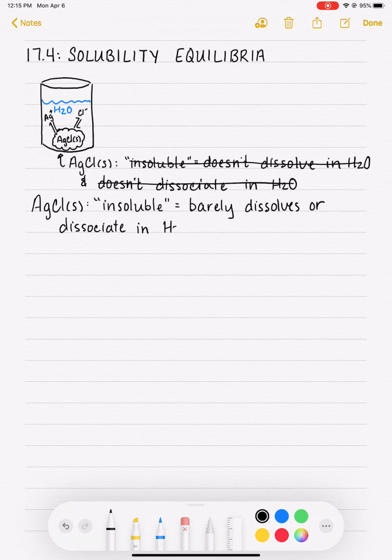The overwhelming majority of the silver chloride or any of our insoluble compounds is going to stay in the solid form, intact, not dissolved, not dissociating. Only a teeny tiny amount is actually going to dissolve or dissociate.